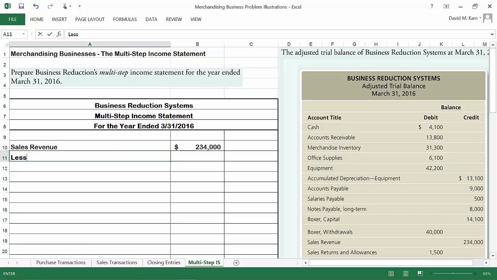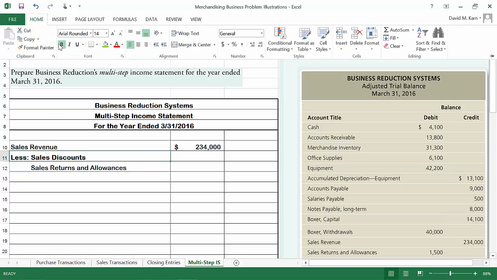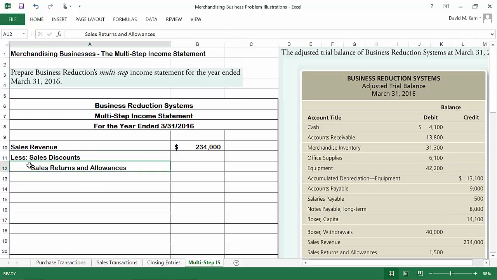We will subtract out our sales discounts and our sales returns and allowances. Okay, let's take this off. Bring that back there to line up.